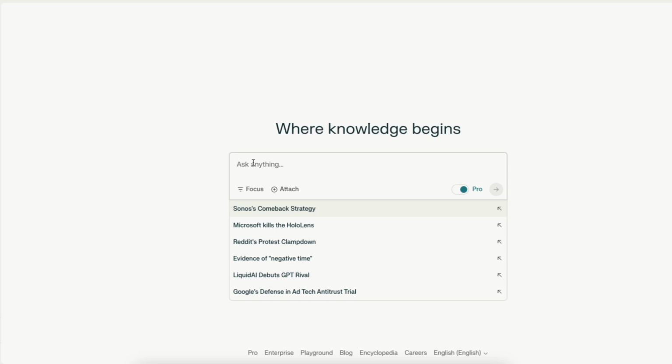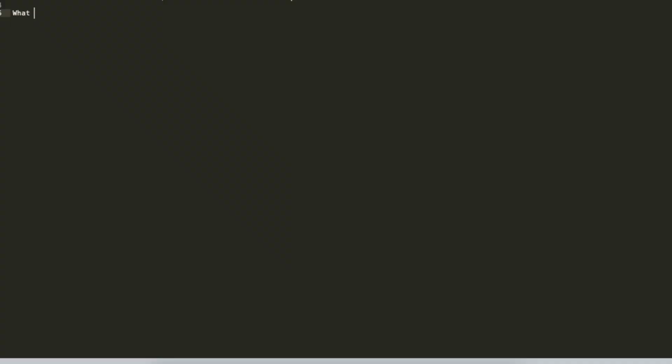So I'm going to use this tool to show you how you can use it to find something for your options trading. Let's say I have curated two particular questions which I'm going to use.